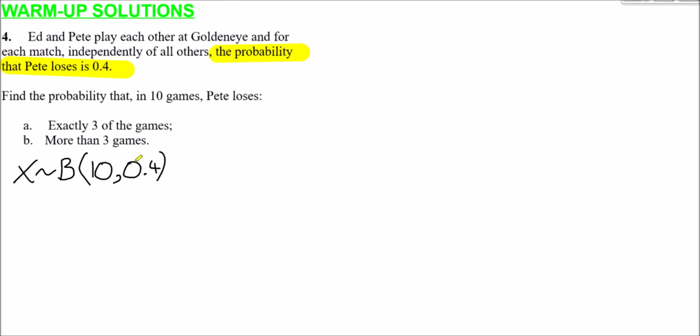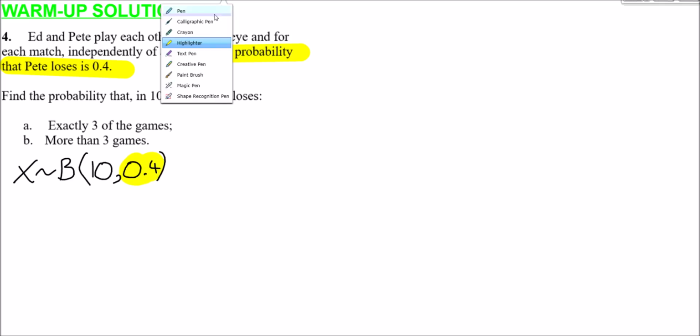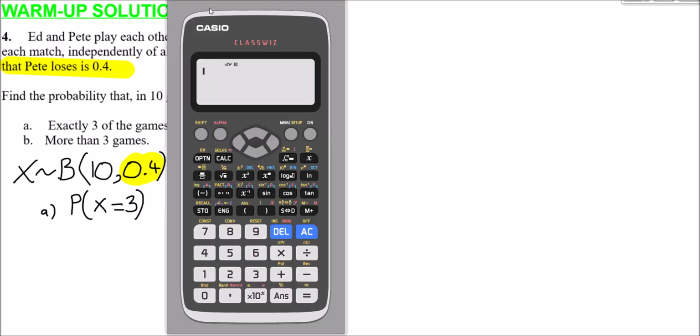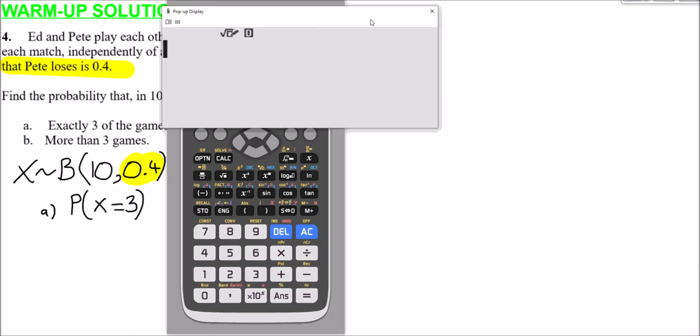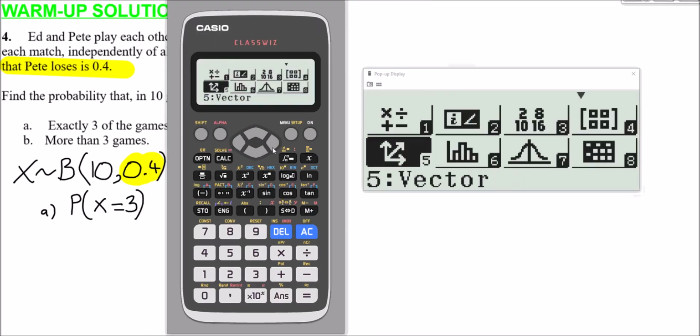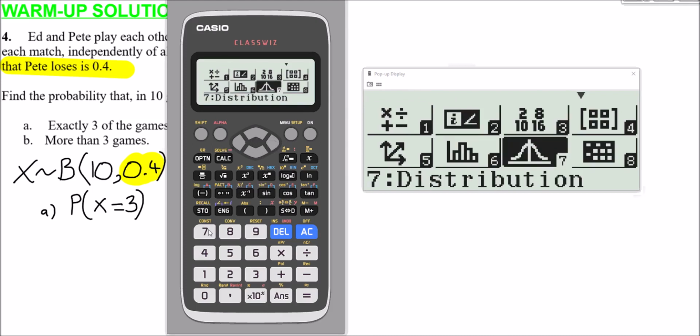So first of all, the chance that he loses exactly 3 games. For part A we want to find the probability that X takes on the value of exactly 3. On the calculator, we get into the right mode. We press menu, and then scroll to option number 7 for distribution.